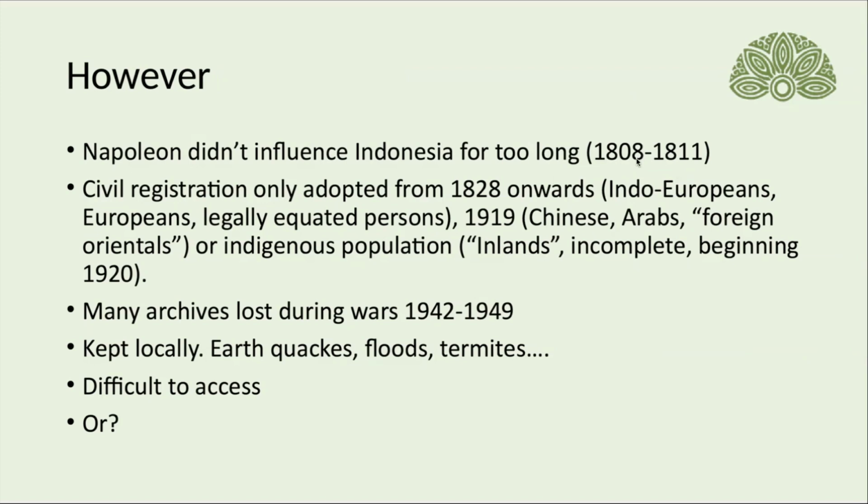So only a couple of years there was real French influence in the Dutch East Indies, and the civil registration was only adopted from 1828 for the Europeans, the Indo-Europeans, or legally equated persons. And only in 1919 for the Chinese, the Arabs, and the foreign Orientals, and also around that time for the indigenous population.